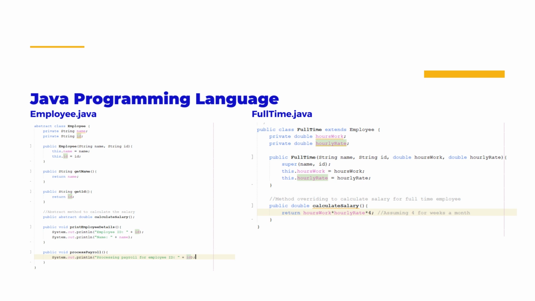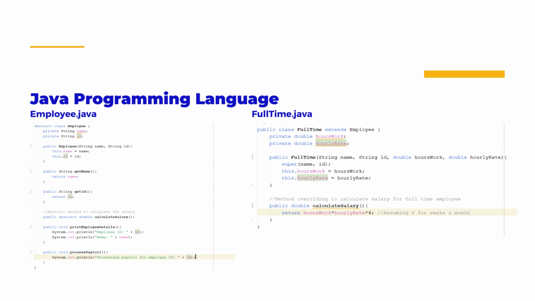The constructor takes the employee's name, ID, hours worked, and hourly rate as arguments and uses the super keyword to call the constructor of the Employee class and initialize the name and ID variables. It also initializes the hoursWorked and hourlyRate variables with the provided values.